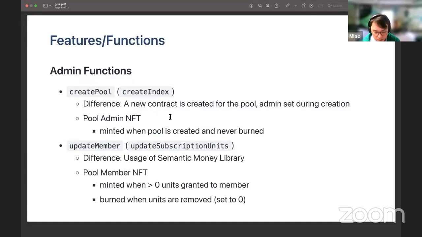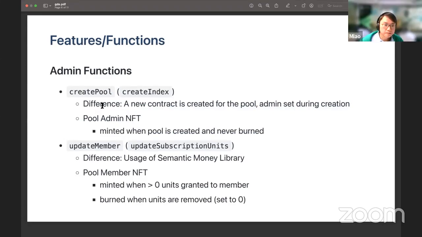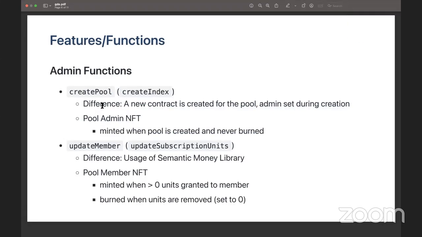Because update member is part of a pool, create pool is part of a token, right? I was checking out the code in parallel and trying to find out where the code is. Create pool is part of the GDA interface, right? Yeah, anyone can create. That's a good point that Mia brought up. Some of the functions here are in two different contracts now. So create pool is GDA, and this is pool.